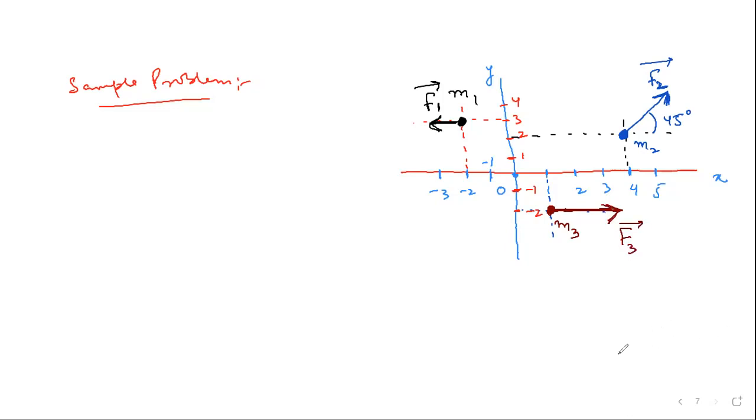So this is my figure 1. Let me check the figure. So I have 3 particles. M1 is located at -2, 3, acted upon by F1.